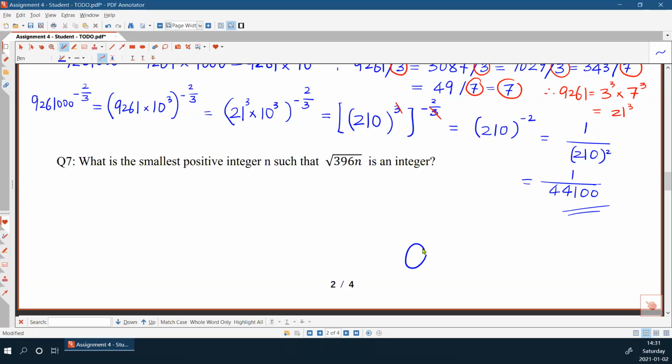Okay, remember a to the minus b times is a to the b times as a denominator, and 1 is your numerator here. Remember this. This is very important.